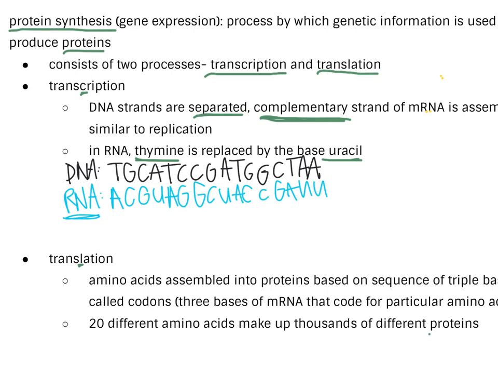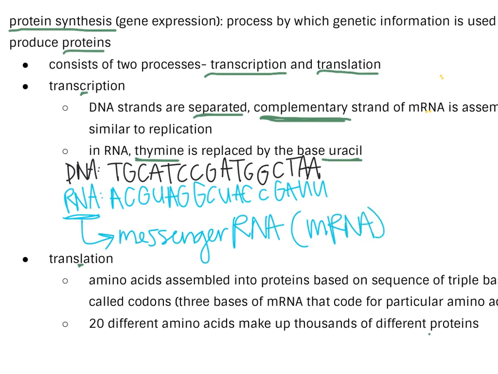So basically, this is transcription, and we end up with a type of RNA known as M, or messenger RNA, or mRNA for short. So if transcription begins with the DNA strand, I want you to tell me where you think transcription is going to take place.